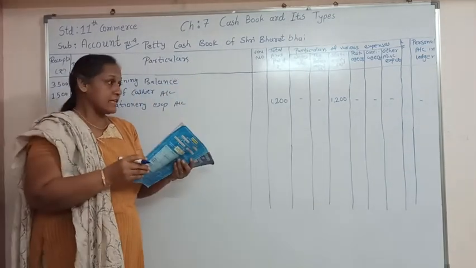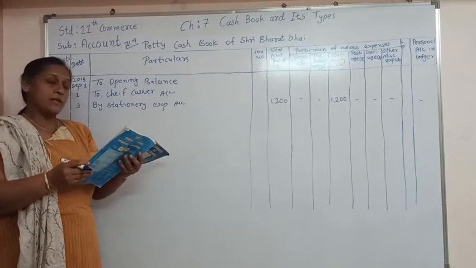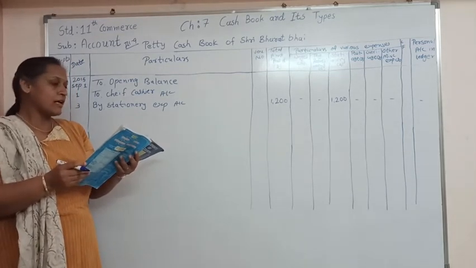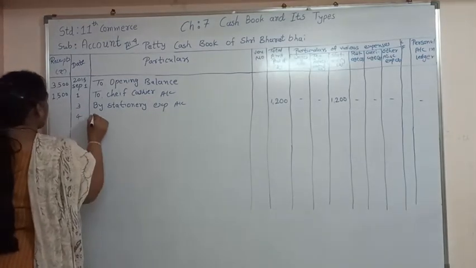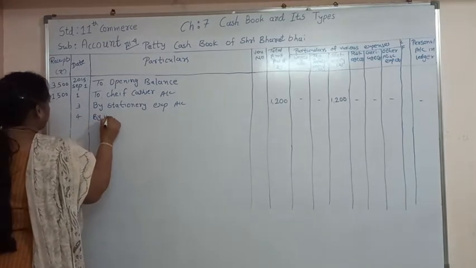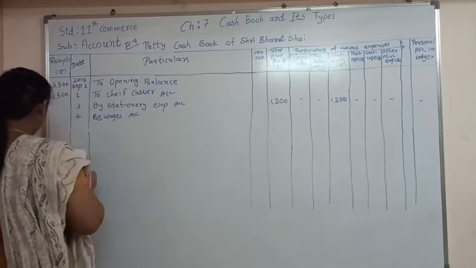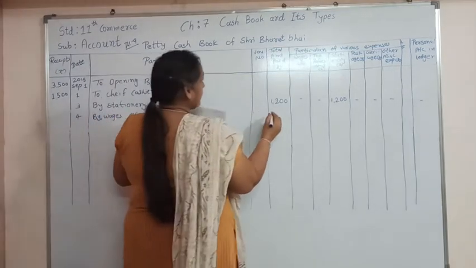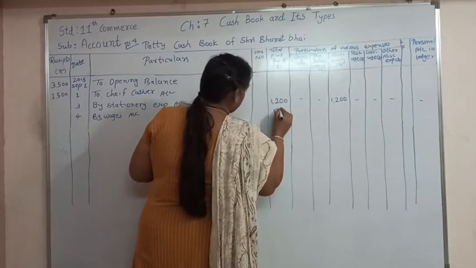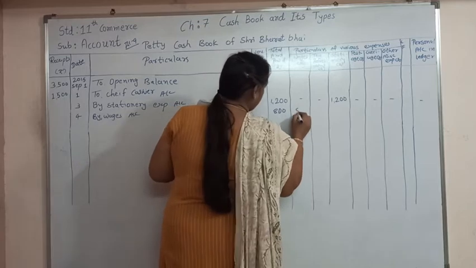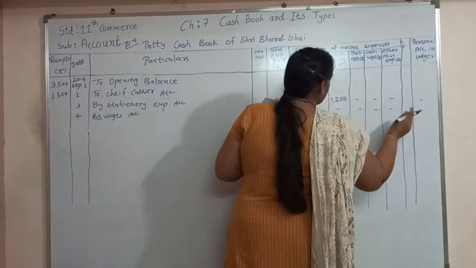Now let's see the next. On date number 4, rupees 800 paid for wages. So date number 4, by wages account, and the amount is 800. That amount 800 we write in the column of wages also.